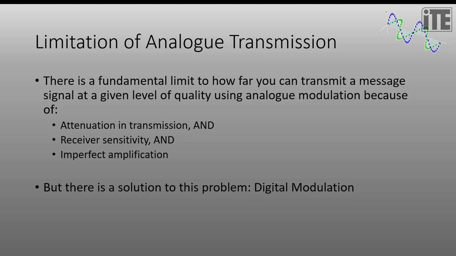So that unfortunately means that we do have to use amplifiers, and that introduces additional degradation in the quality. So whenever we use analog transmission, we have these fundamental limitations that are impossible to overcome. But there is a solution, and that is that we can use digital modulation.